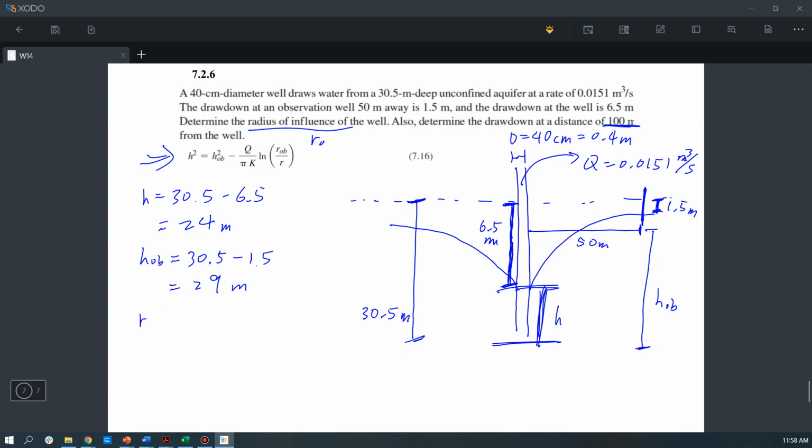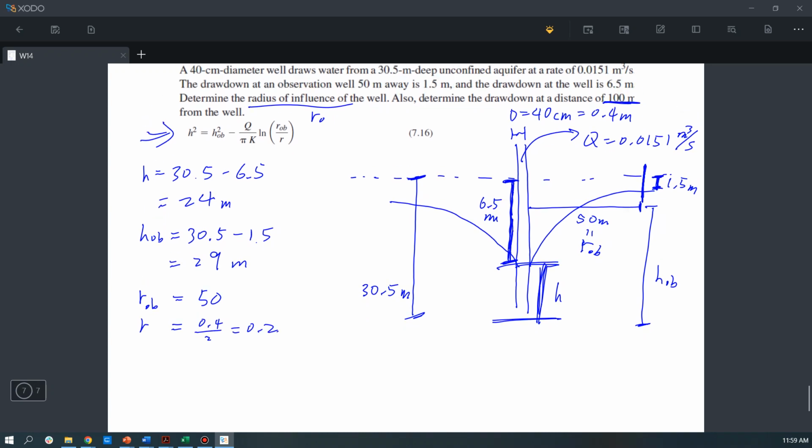We have radius R OB, 50 meter away. Here, this is R OB, and we have the radius of the well equal to 0.4 divided by 2, that's 0.2.